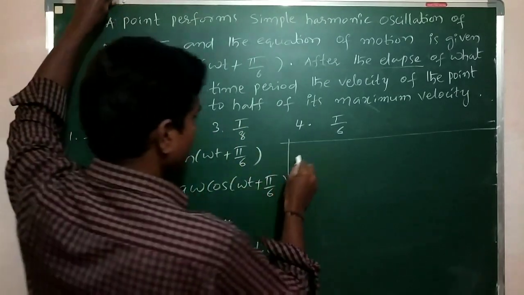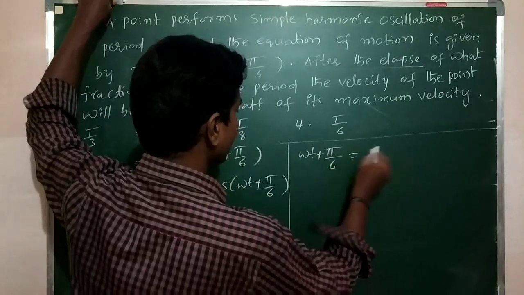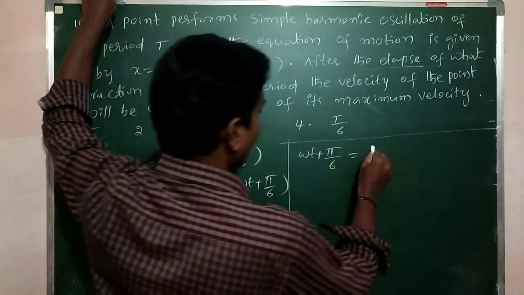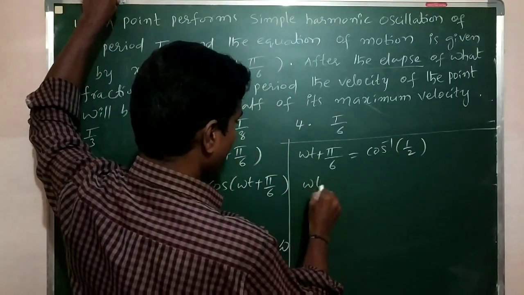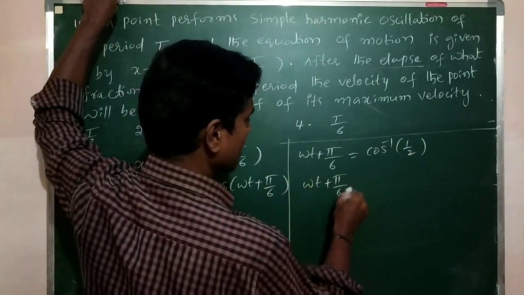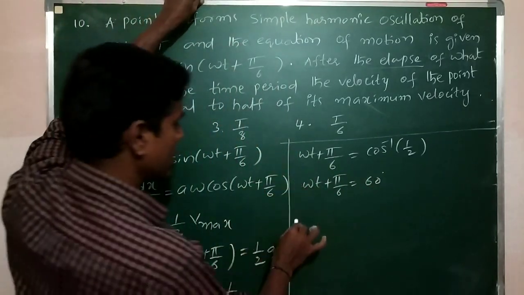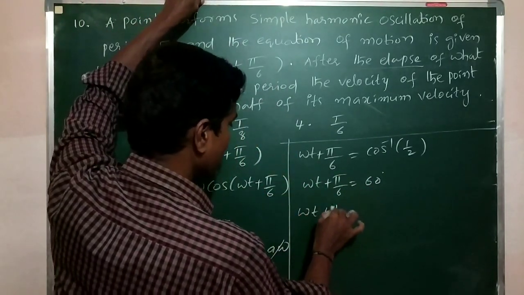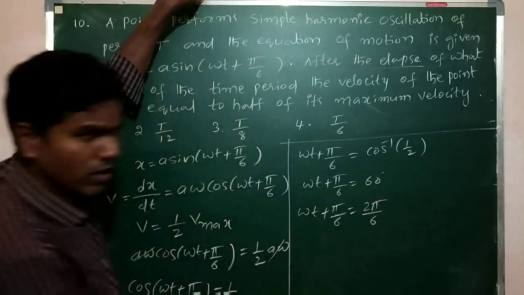Next, omega t plus pi by 6 is equal to cos inverse of 1 by 2. So omega t plus pi by 6 equals 60 degrees. We can convert to radians: omega t plus pi by 6 is equal to 2 pi by 6, or pi by 3.